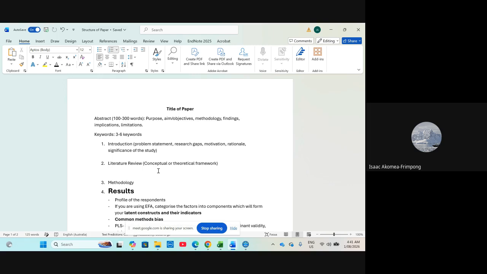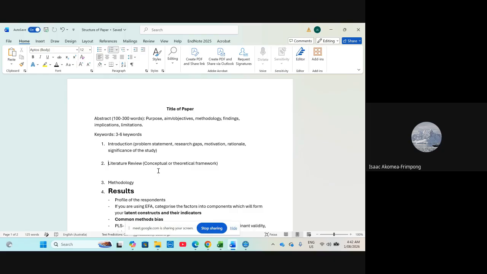Some of them combine the literature review, conceptual framework, and theoretical framework. So it all depends on how you are going to structure your paper. But in its classical or traditional form, the literature review will look at the review of past studies and then also the conceptual and theoretical framework. So look at this.